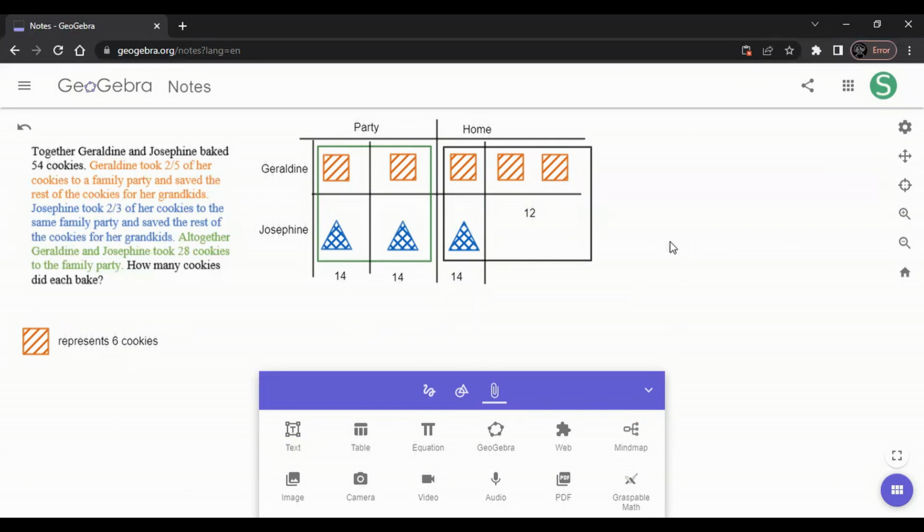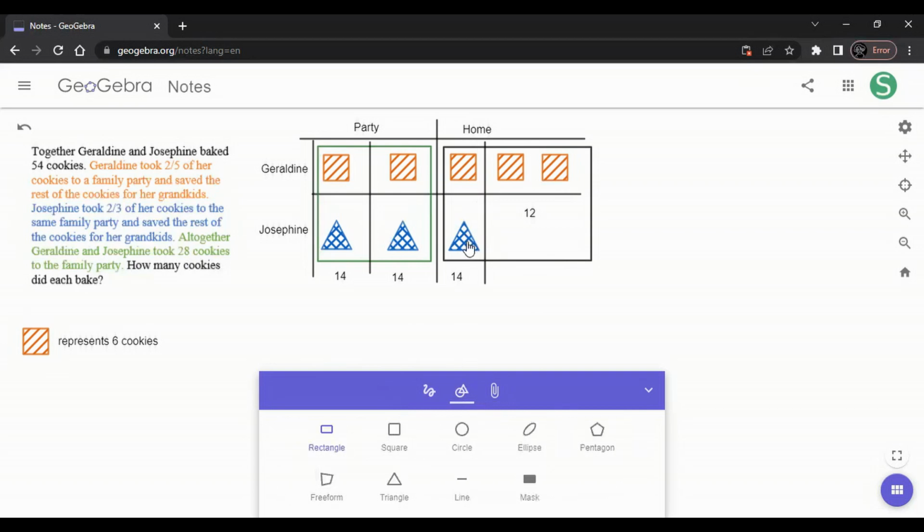Okay, and now that we have that knowledge, we can look back at our pair here. We need to figure out how many cookies are represented by a triangle. We know that a square and a triangle together represent 14 cookies, and one square represents 6 cookies, meaning that one triangle should represent 14 minus 6, which is 8 cookies.